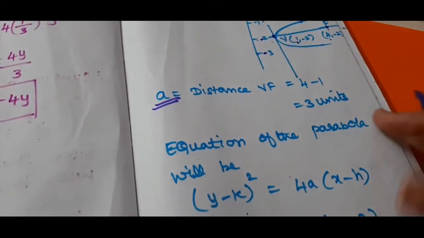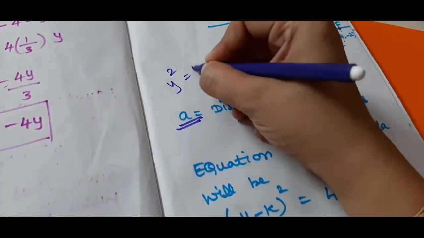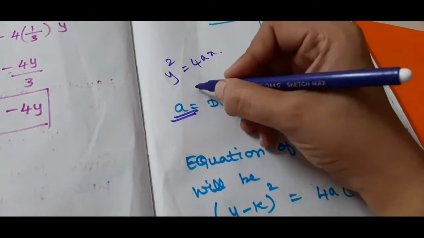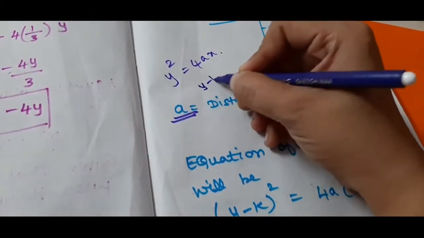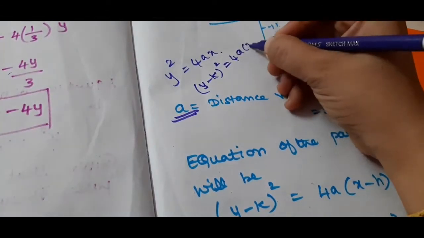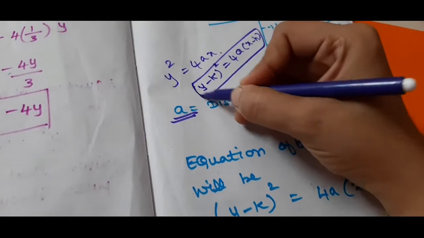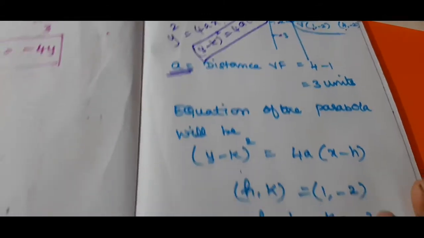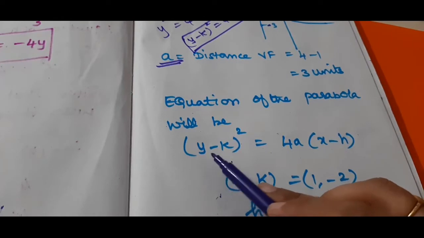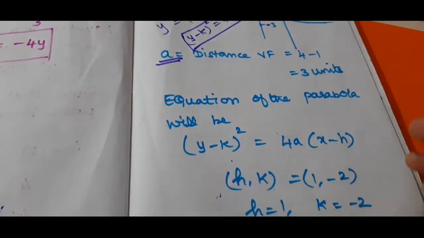If the vertex is (0, 0), the equation of the parabola will be y² = 4ax. If the vertex is (h, k), the equation of the parabola will be (y - k)² = 4a(x - h). So our required parabola is (y - k)² = 4a(x - h).